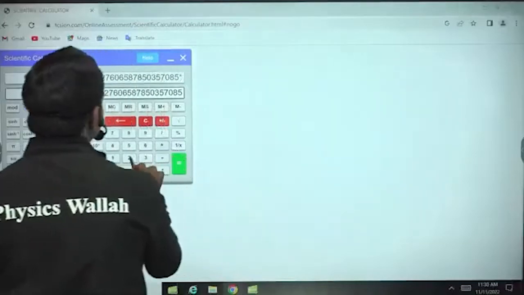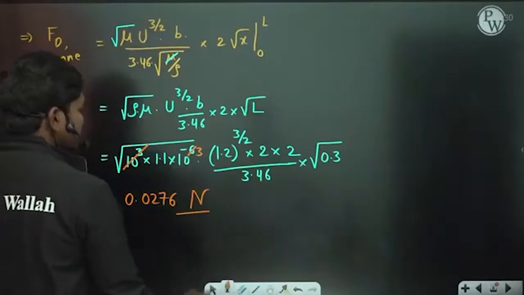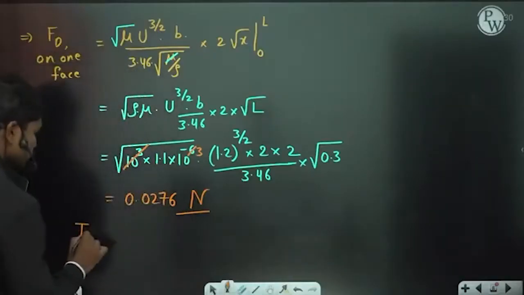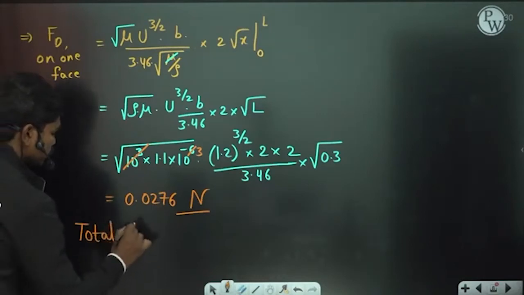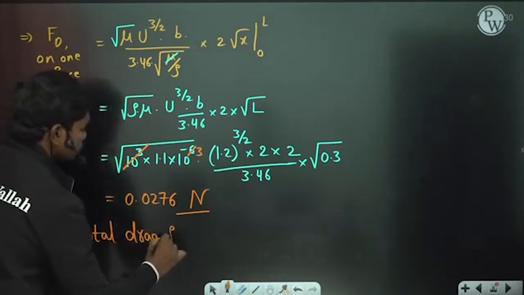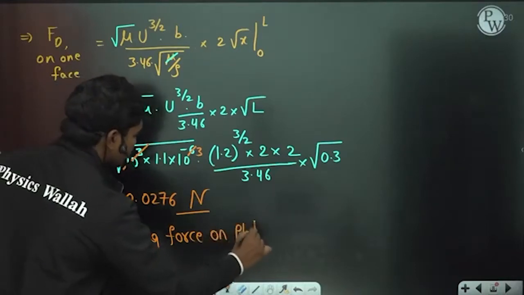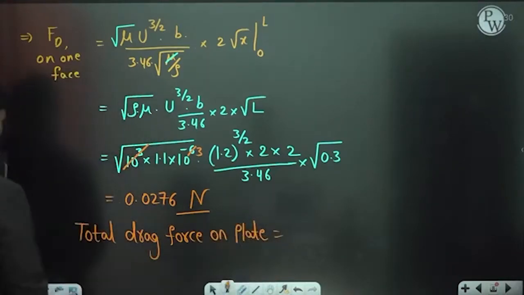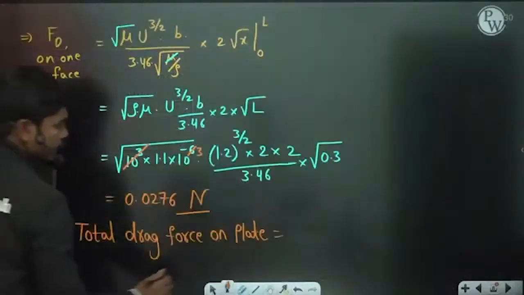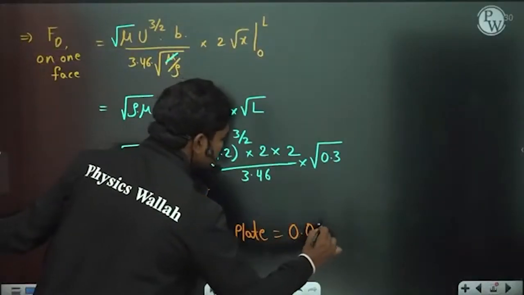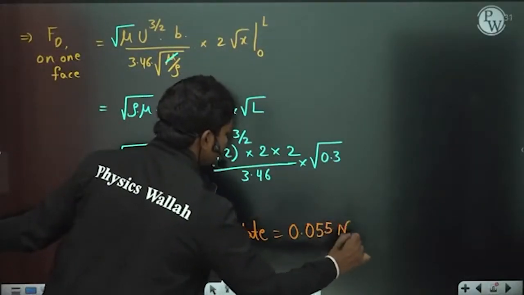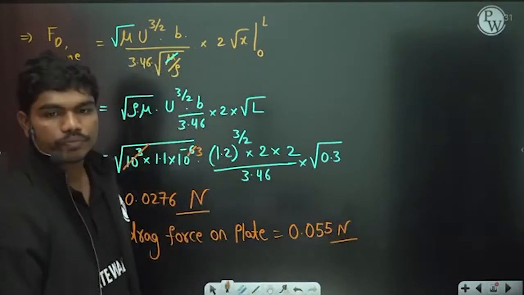Multiply it with 2, both the phases, 0.055. So the total drag force on the plate is equal to 0.055 newtons. Clear?